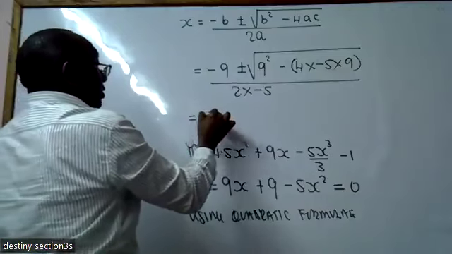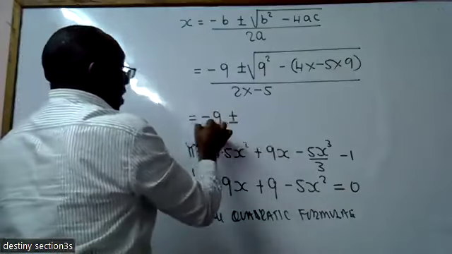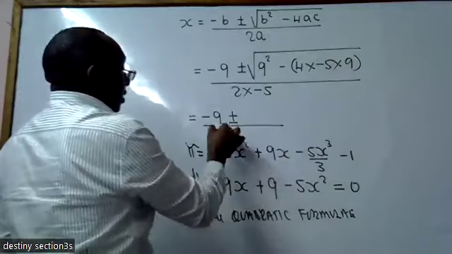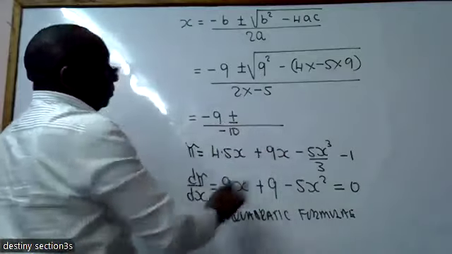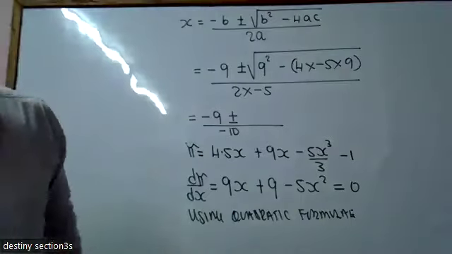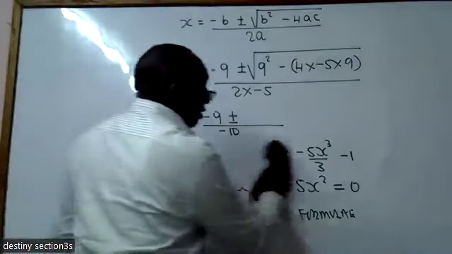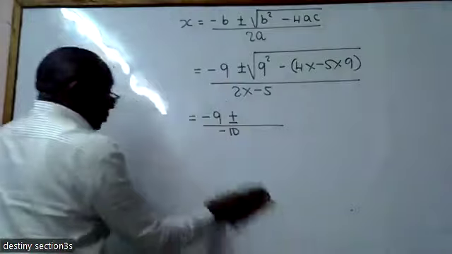Sasa inakuwa minus 9 plus or minus, here we shall divide by 10. Sasa solve and tell me what is supposed to be here under the square root.